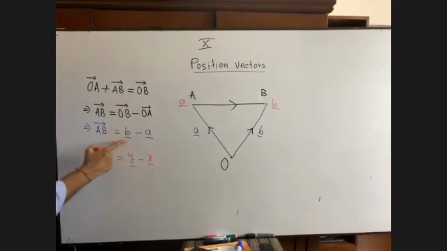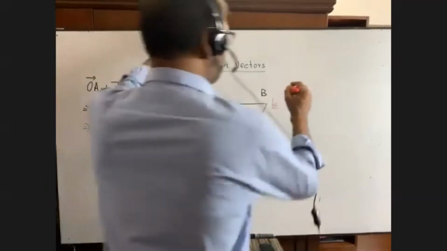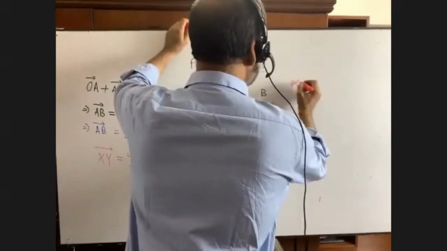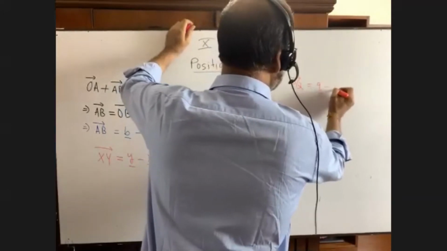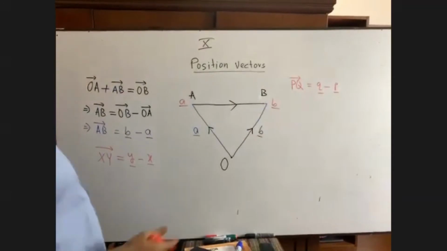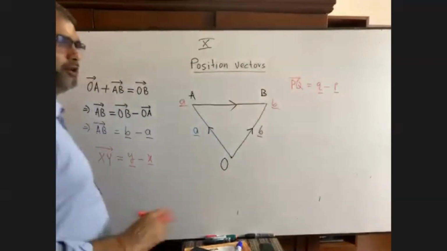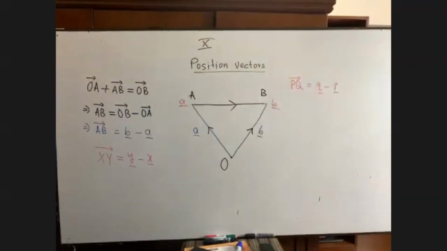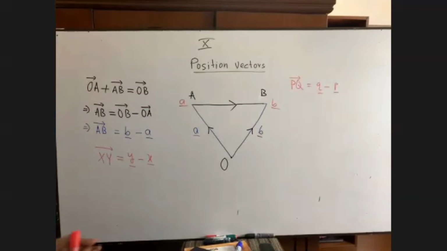Please try to understand, the second one will be at first. Suppose if I write down PQ, can you please let me know what's about PQ? Q minus P. I think you have got it, where the position vector of P is P and of Q is Q. Is it okay to all?